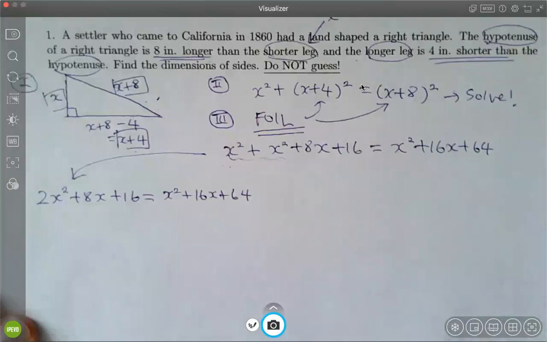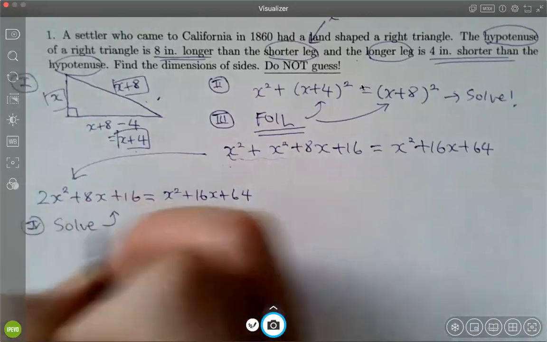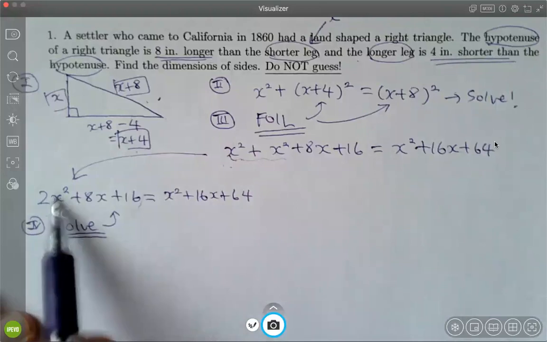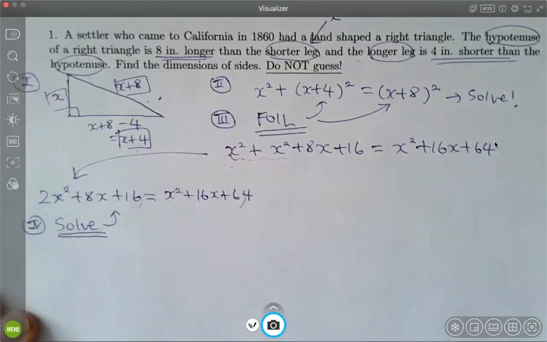And now what do we do? How do we solve this? Get x by itself on one side of the equation, move everything else. So what do we move? Move these three things to the right or these three things to the left? What is better?